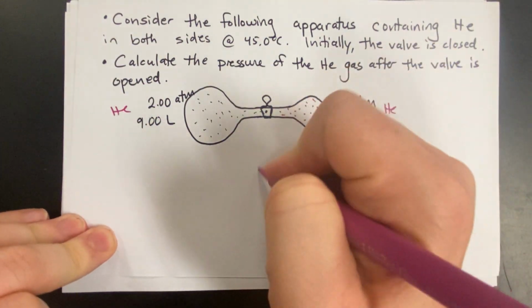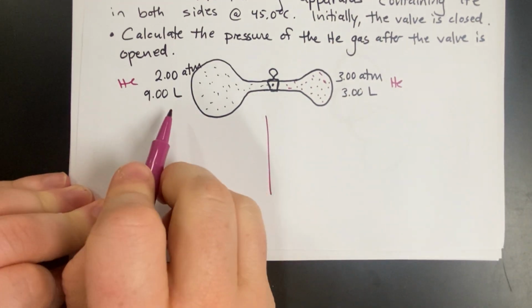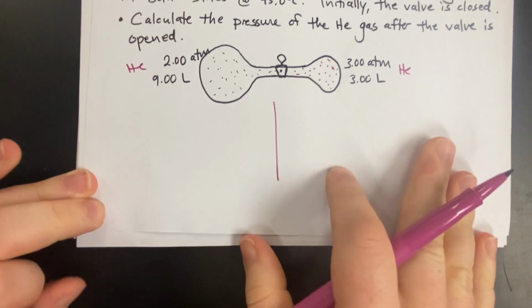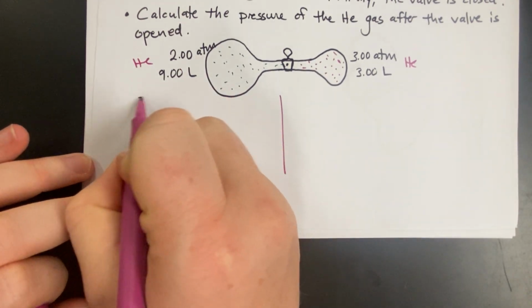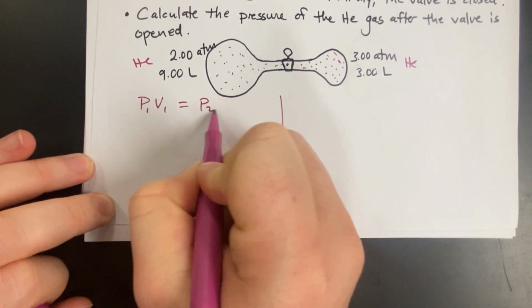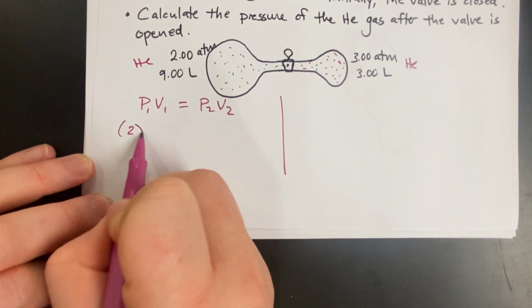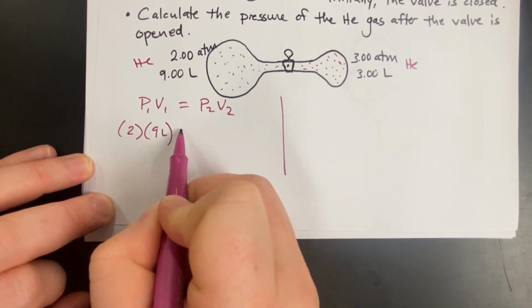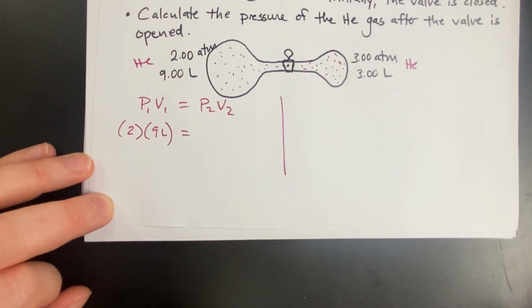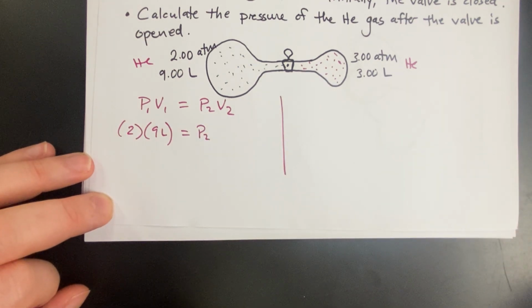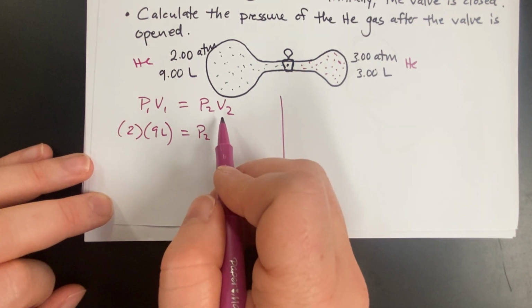Okay, let's solve this side. We got pressure and volume, PV. Which law is that? That is Boyle's law. Boys play video games. So P1V1 is equal to P2V2. My initial is right here. Pressure is 2, volume is 9. I do not know what the new pressure is. That is what I'm solving for. Do I know the new volume?